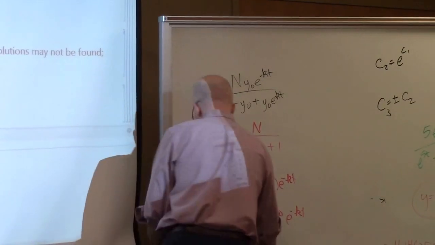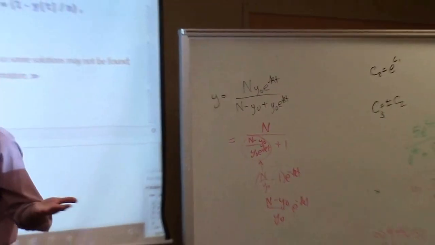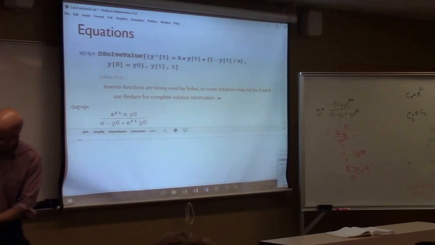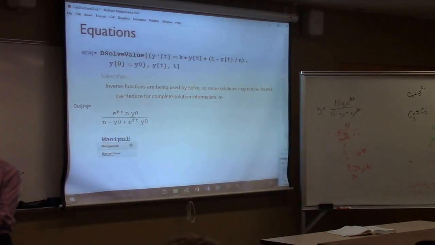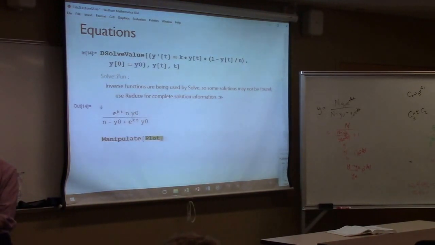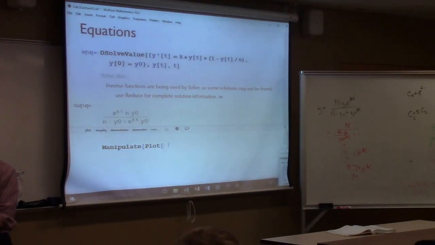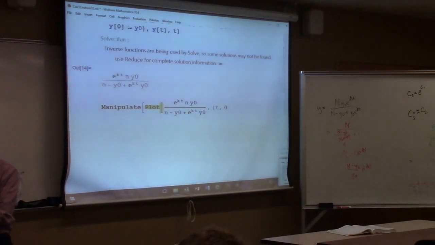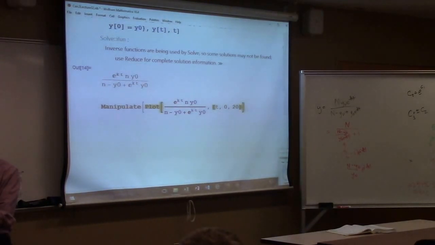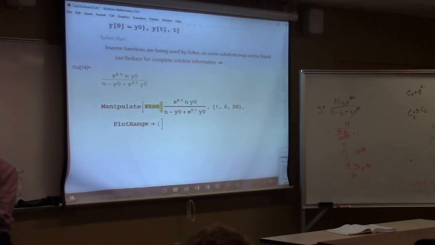Let's see if the graphs of these things look like you'd think they'd look. So I'm going to do a Manipulate of a plot of this kind of function as a function of t, with t going from 0 to 20, just to pick something. I'll keep my plot range constant, and I'll include negative y values, even though that would not be valid for populations.